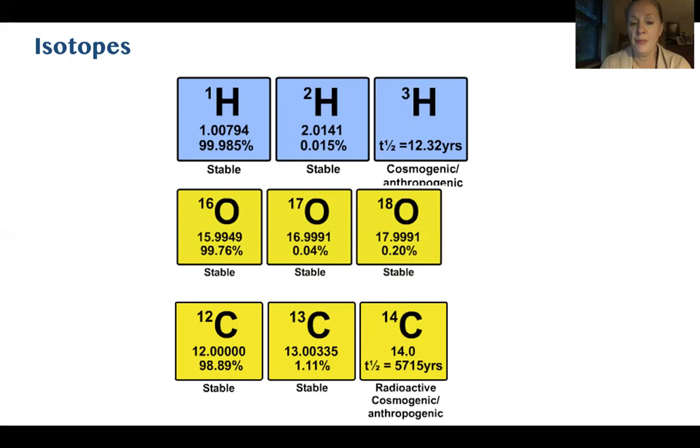Hydrogen 3 has 1 proton, of course, with its atomic number of 1, and it would have 2 additional neutrons in it, okay? And you can see this very heavy hydrogen is a cosmogenic hydrogen with a long half-life. We already did oxygen. See if you can figure out all the carbons, okay?